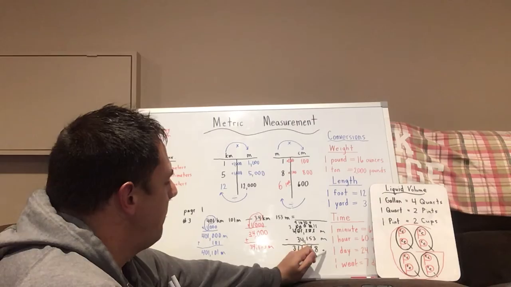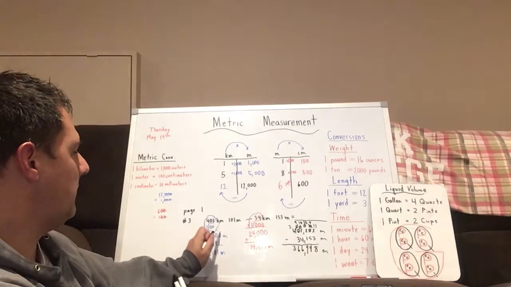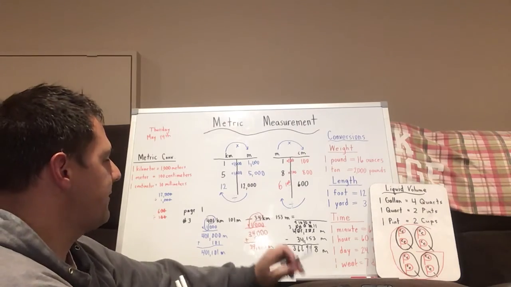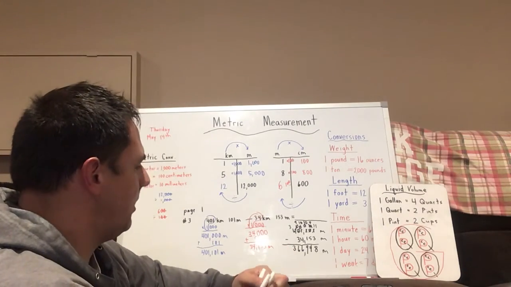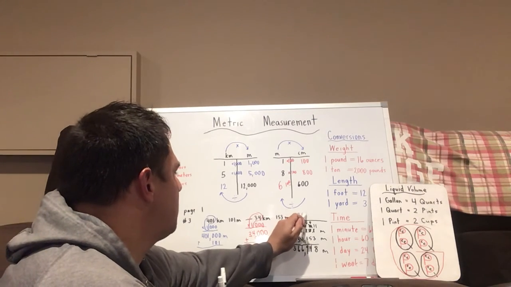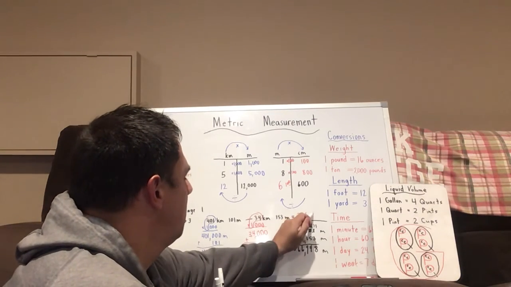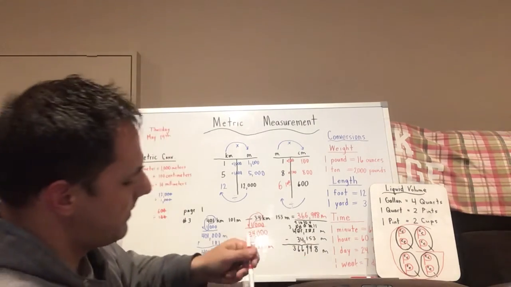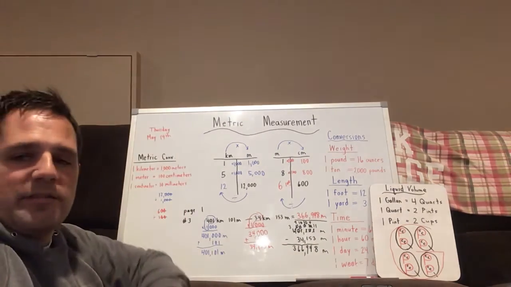So I know that 401 kilometers, 101 meters, minus 34 kilometers, 153 meters, would be a grand total of 366,948 meters.